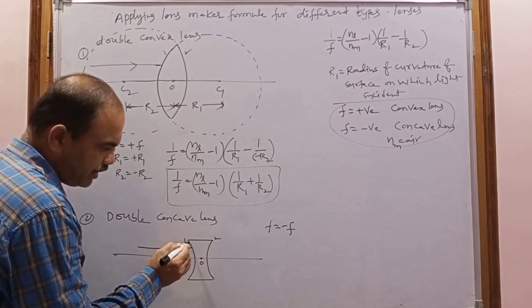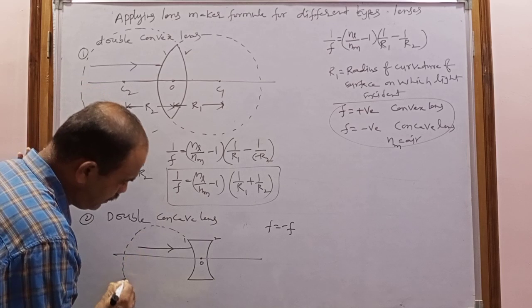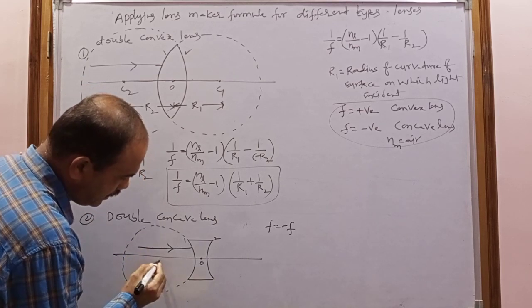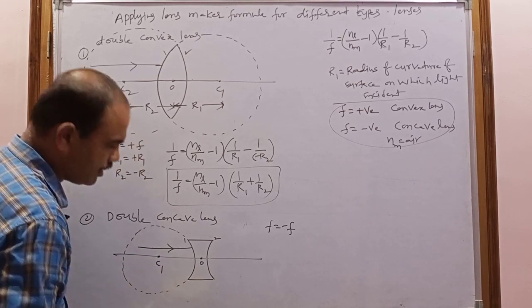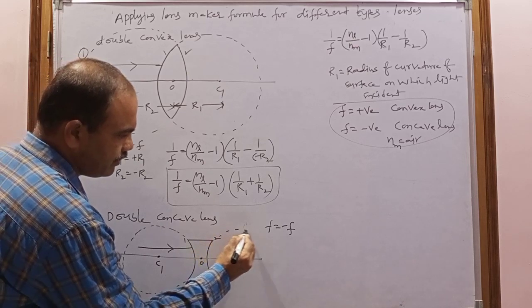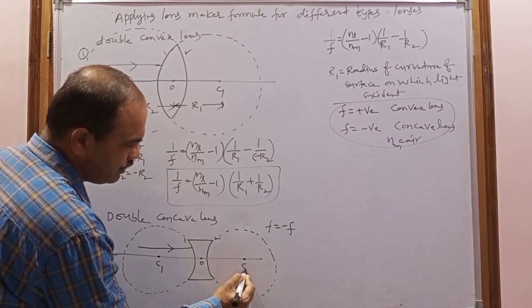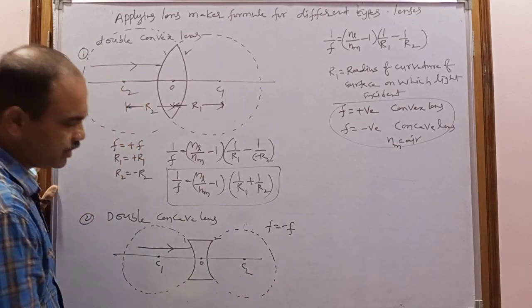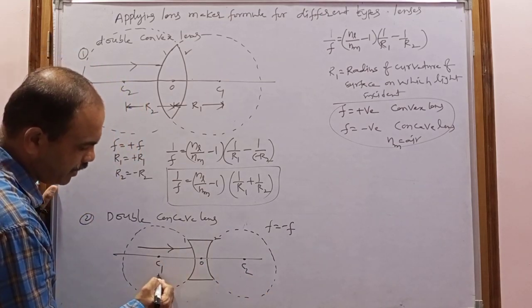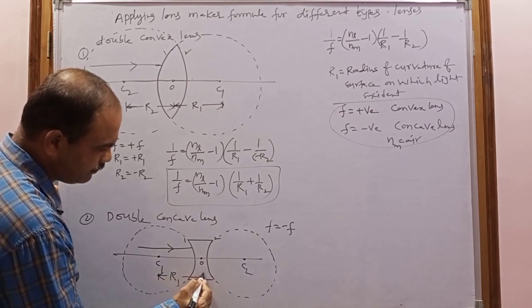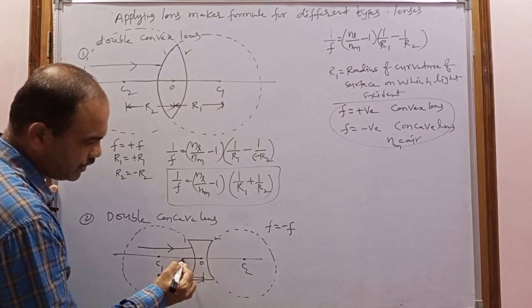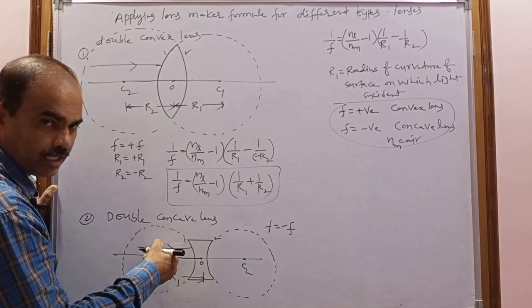By taking the first surface, when you draw the sphere, the center of the sphere is considered C1. And by taking the second surface, when you draw the sphere, the center of the sphere is called C2. So the distance from the optic center to C1 is called R1. Now to measure R1, in which direction are you moving? Opposite to the direction of the incident light.